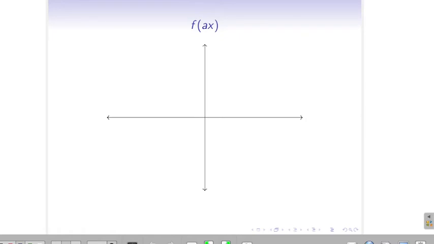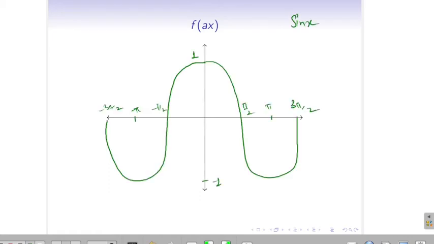Now if the same thing happens, if I multiply a constant inside, so if the original function is sin x, here I am changing the input, so the changes will occur on the x-axis. If I am just doing sin 2x, now I am multiplying the input by a number greater than 1. So what will happen?